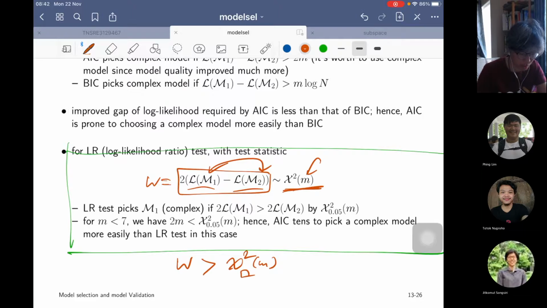So in short, if you perform the log likelihood ratio test, the test will end up choosing the complex model if the log likelihood of model M1 is bigger than that of model M2 by a threshold of the critical value.